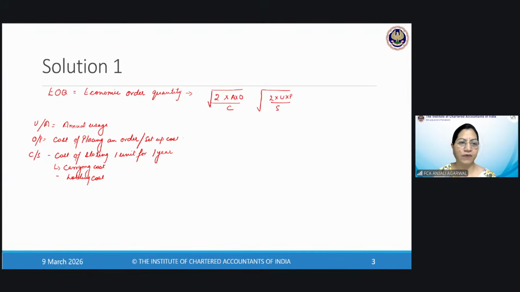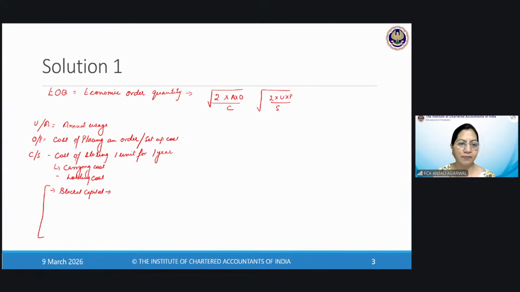So why is there a cost of storing, carrying, or holding? If you have a lot of raw material in your hands, or you keep a lot of raw material in your warehouse, you have blocked capital by making investment in the raw material inventory.